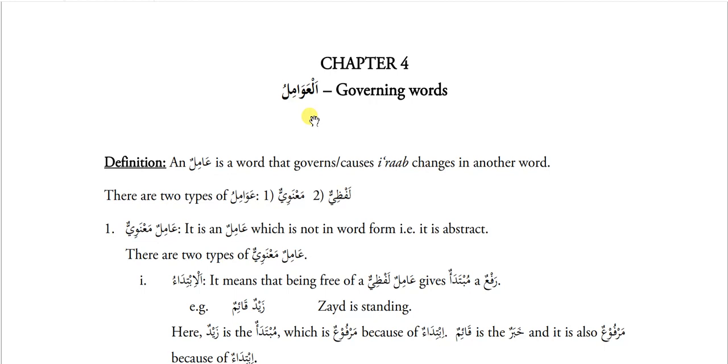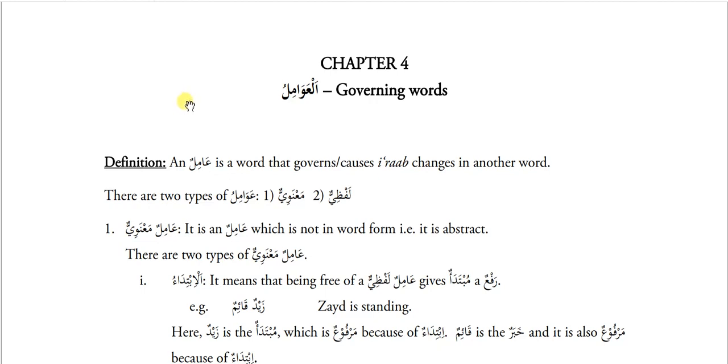In the previous video, I have already explained what Amil and Ma'mul are, so there is no need to repeat that discussion in this video. But for instance, remember, we can say that Amil are the words in the Arabic language which are responsible for making changes in the upcoming words after the Amil.